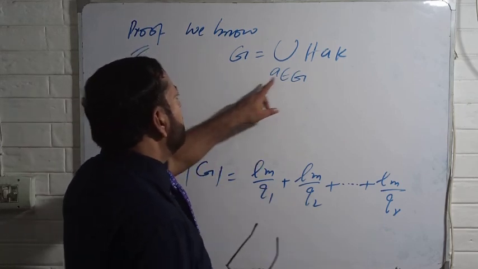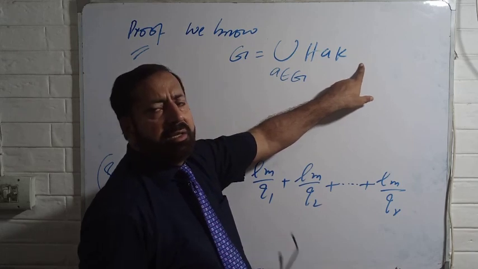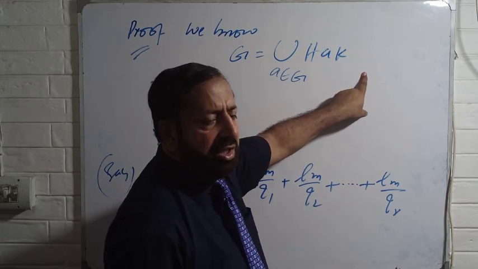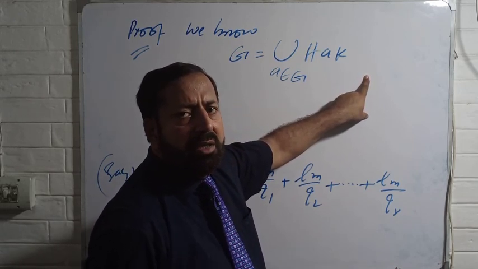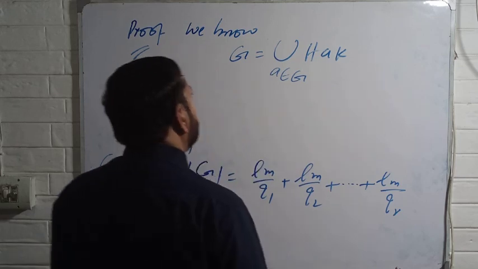Okay, so here HAK intersection HBK are disjoint, right?